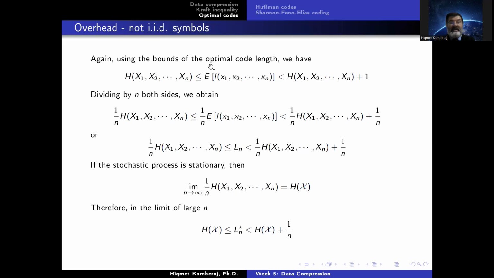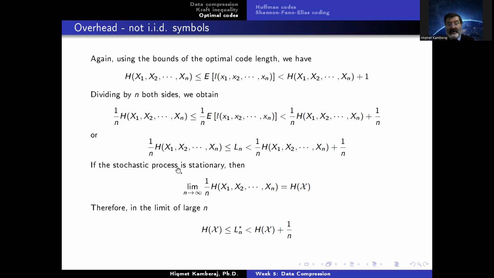Now, again, using the bounds of the optimal code, we have the following. H of X1, X2, ..., Xn is less than or equal to the expected value of L, which is less than the joint entropy plus 1. Again, divide both sides by n. But now we consider the case that the X's are not necessarily IID. Then you will have 1 over n times the joint entropy less than or equal to L_n, less than 1 over n times the joint entropy plus 1 over n.